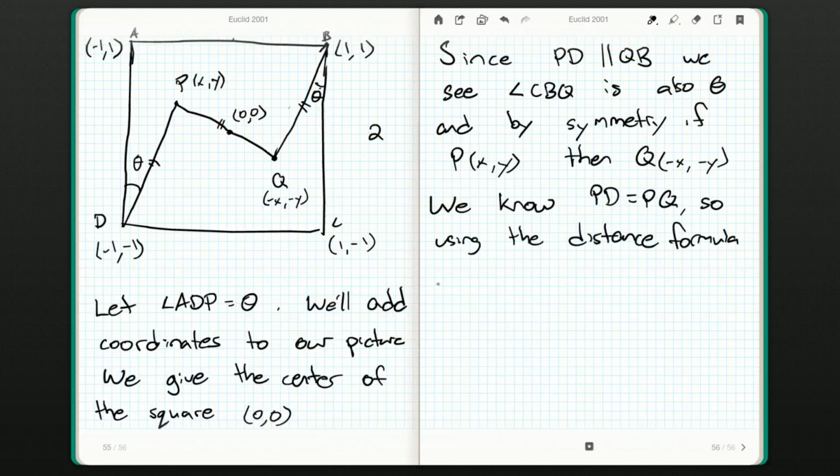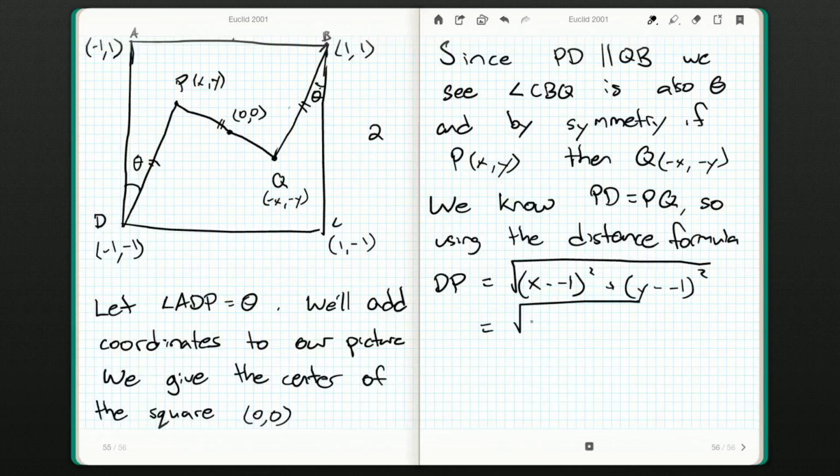PD is, so we want that length, it's the square root of the difference in the x coordinates, so that's x minus negative 1 all squared, plus y minus negative 1 all squared. So that's the square root of x plus 1 squared plus y plus 1 squared.